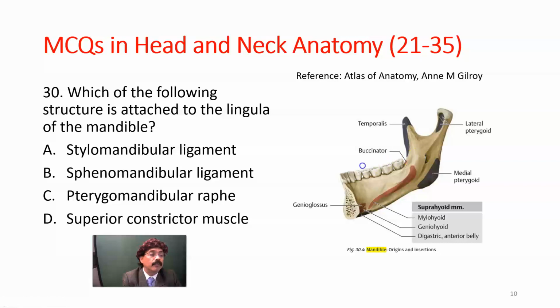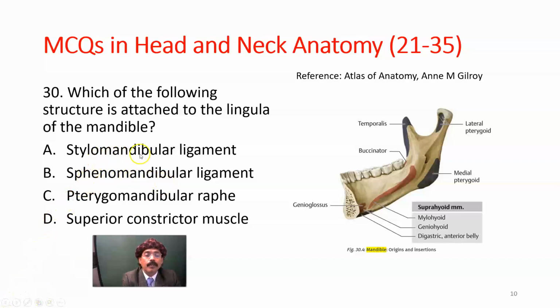Okay. Site of attachment, one side of the ligament, that is the sphenomandibular ligament. This is the answer. Another side is attached to the spine of the sphenoid bone near the foramen spinosum. So the lower end is here, attaching the sphenomandibular ligament. Okay, we got that.